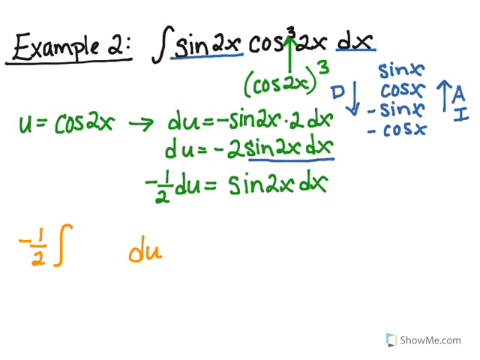And now, instead of writing cosine of 2x cubed, cosine 2x is the same as u from over here. So now I'm just going to have u cubed du. And that will be a very basic power rule for antiderivative problem. Keep the negative 1/2, keep the u, add 1 to the exponent, divide by the new exponent, and then write plus c.